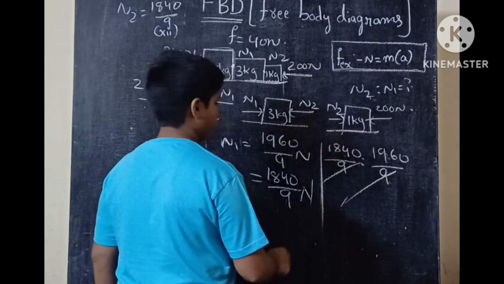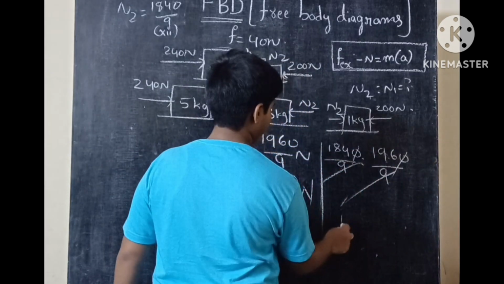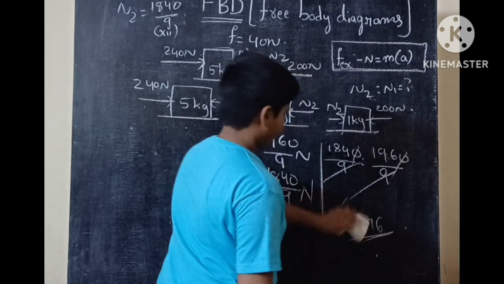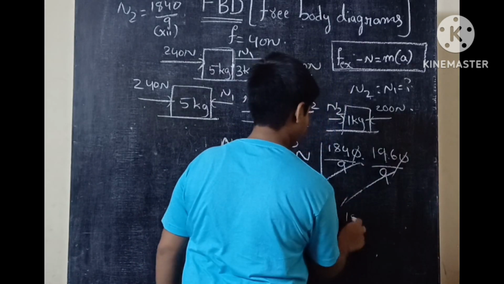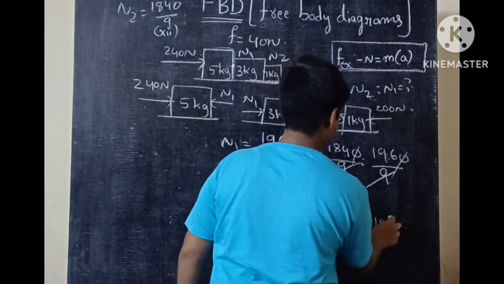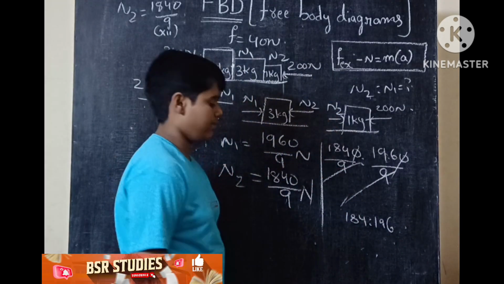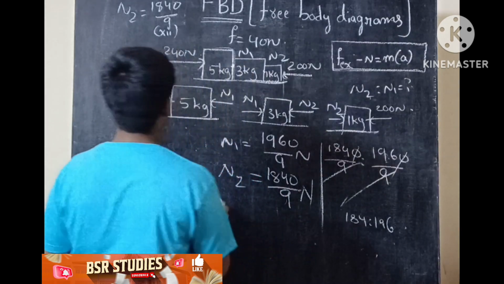So 9 gets cancelled, 0 gets cancelled, and 184 is to 196 is the ratio. You simplify this ratio and comment it. Okay, so this is the 12th case.